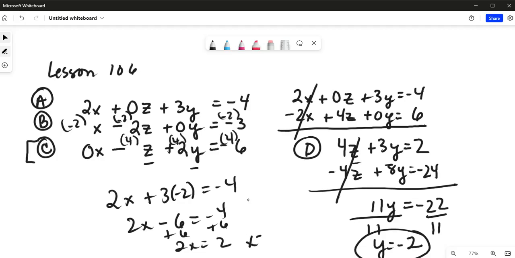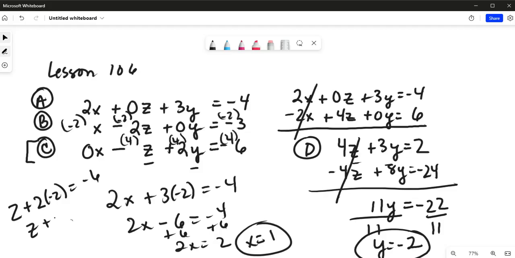So x is equal to 1. And then we can put it into equation C. So -z plus 2 times -2 equals -6. So z is going to equal -2.